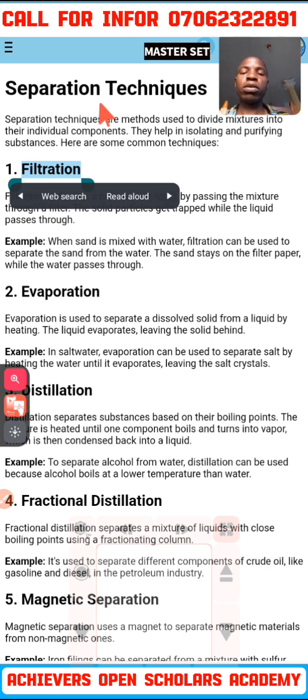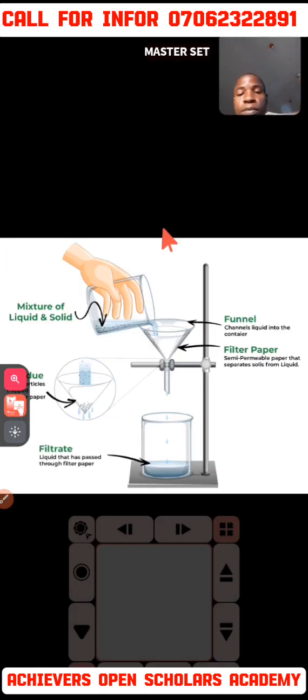When you see this, it is a mixture of liquid and solid, like when you have sand and water. Let us assume that the sand and water are here. This is the filter, like a filter paper.